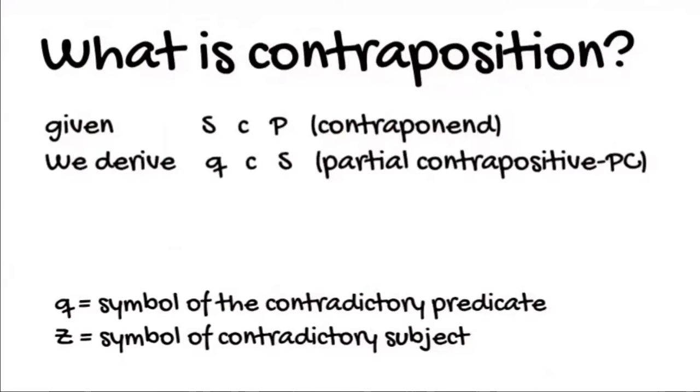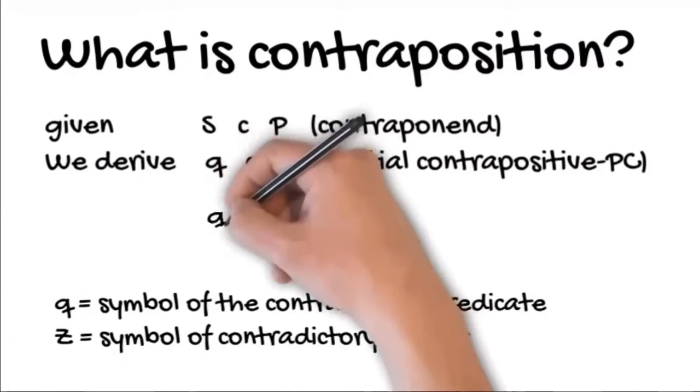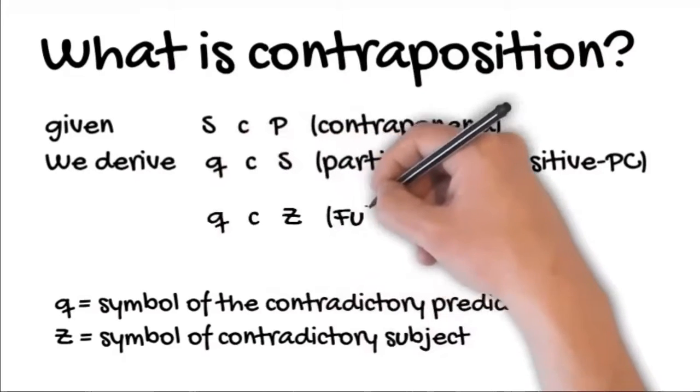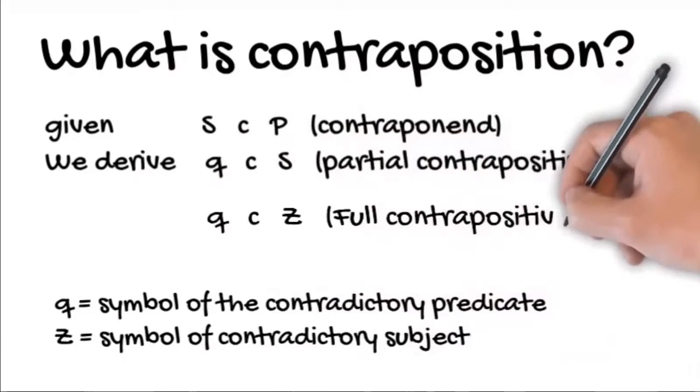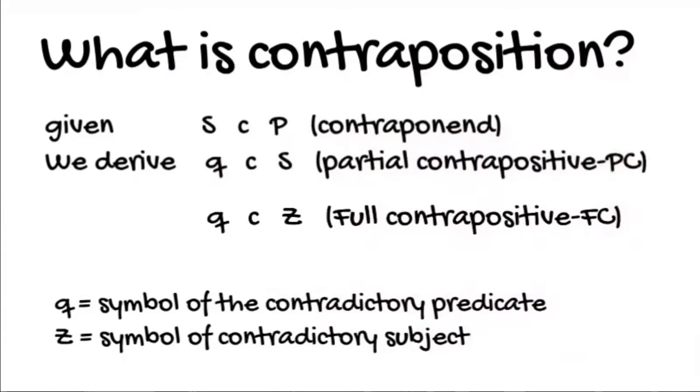So in the partial contrapositive, the predicate of the given is contradicted and became the subject of the partial contrapositive, and there is no change in the subject. And in the full contrapositive, all you have to do is to contradict the predicate of the partial contrapositive. That's why you have letter Z, and this predicate of the partial contrapositive is actually the original subject of the given proposition.